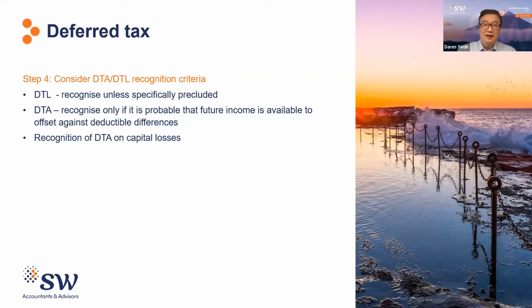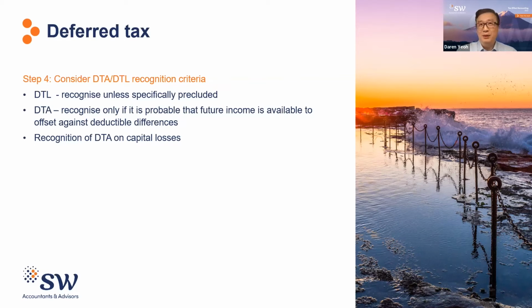For a DTA, those things that reduce your tax in the future, not only do you need to consider the recognition exception, you need to demonstrate that it is probable that you're going to use those future deductions or future revenue losses. And we'll look at this probable criteria shortly.